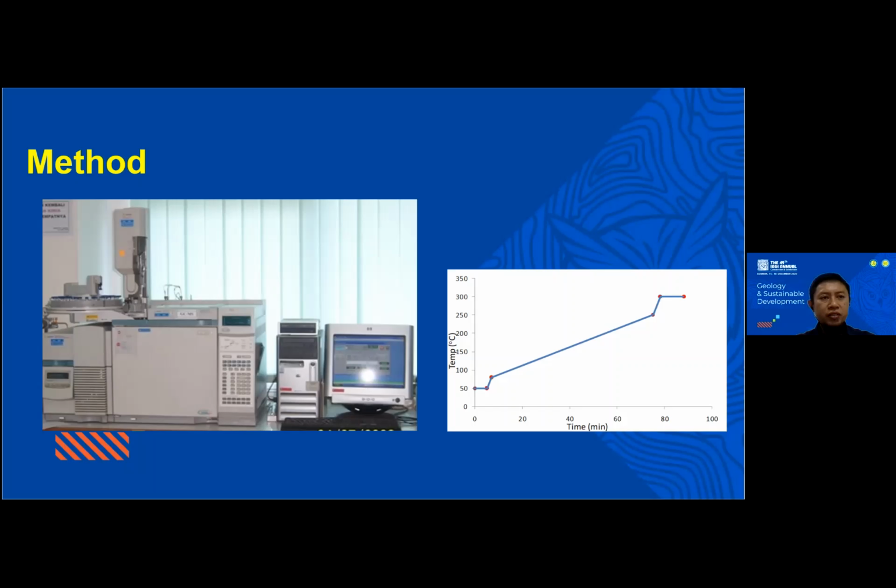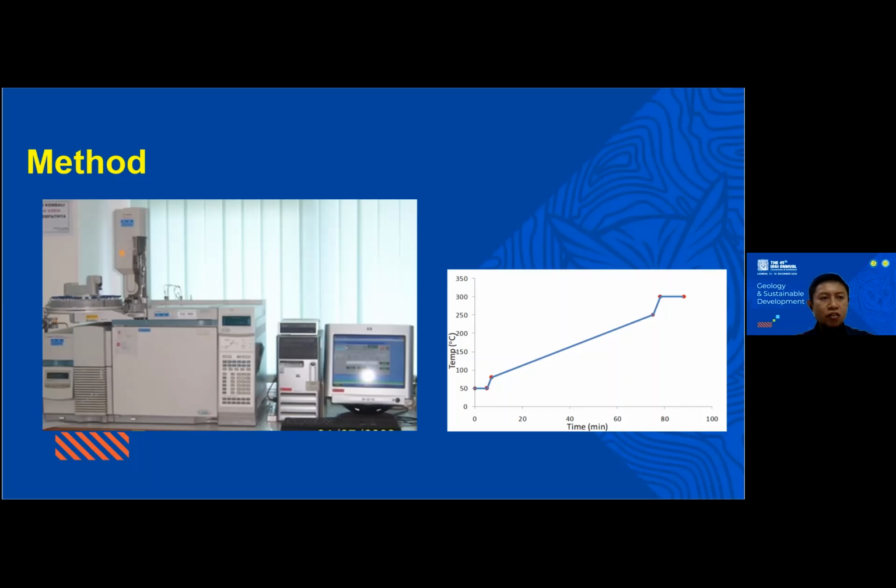The GC was fitted with a 60 meter, 0.25 millimeter inner diameter DB5MS fused silica capillary column. Sample was injected using an Agilent 7673 autosampler with split ratio 1:350.